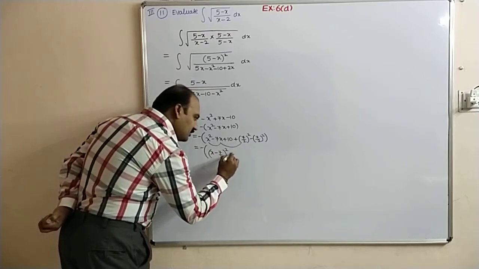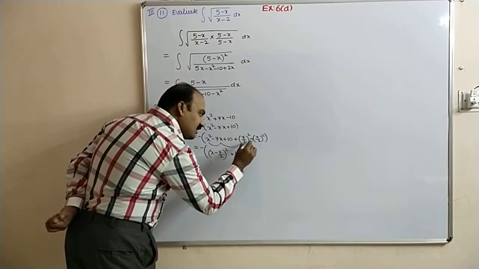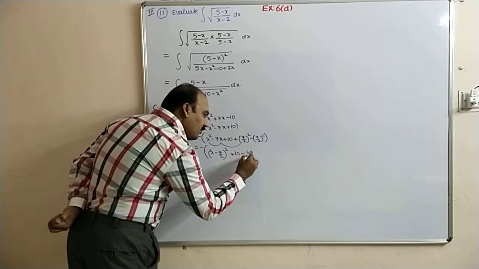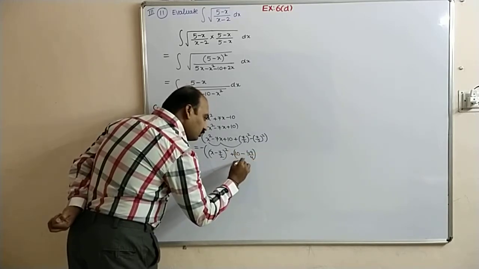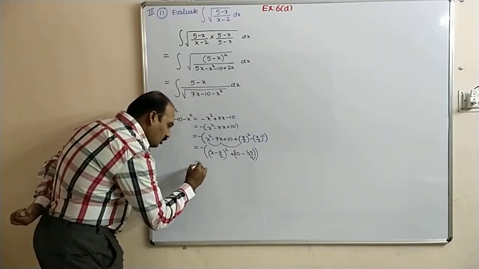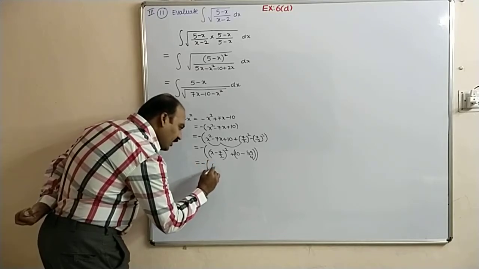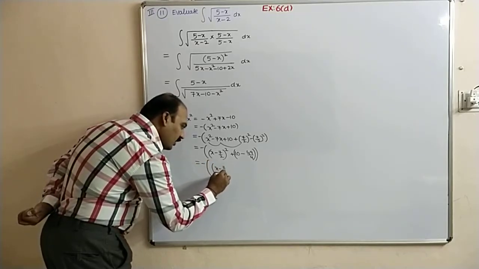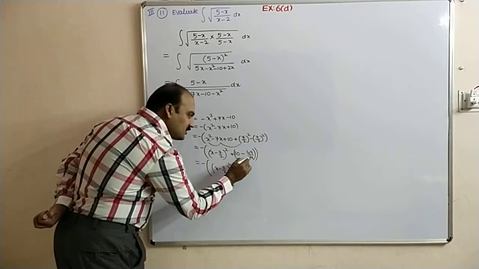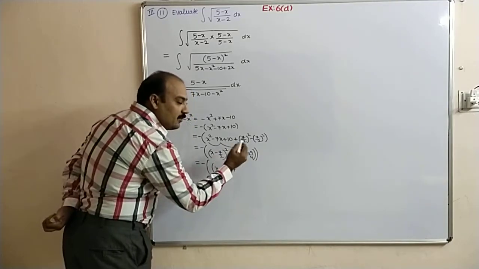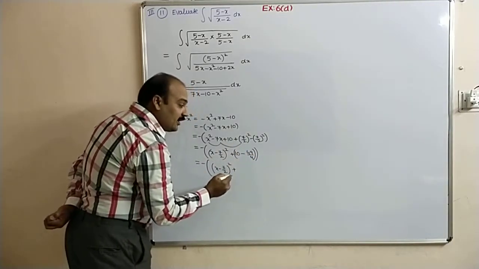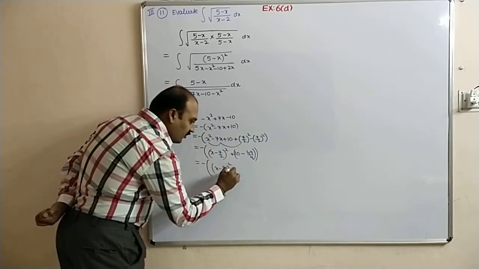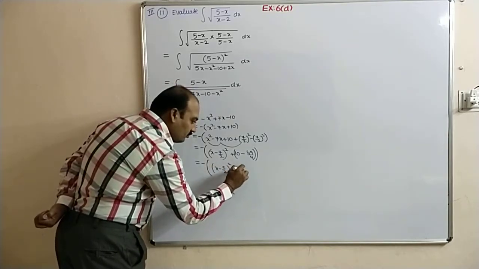The rest of the terms plus 10 minus 7 by 2 whole square, so 49 by 4, which is equal to minus x minus 7 by 2 whole square plus 10 into 4, 40, 40 minus 49 by 4. So we will get it as minus 9 by 4.